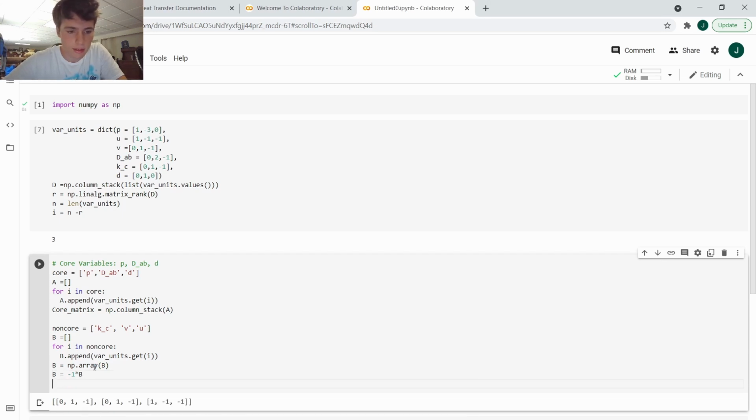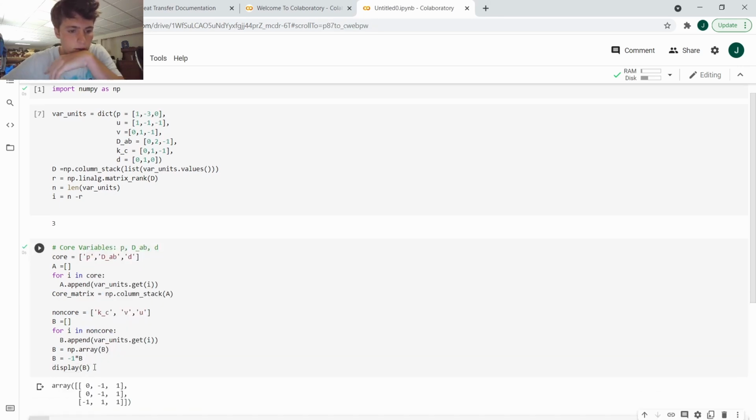Let's make sure that worked out correctly. Yeah, 0, -1, 1, which is the opposite of what we had before for k sub c, which is 0, 1, -1. Same thing for velocity, and same thing we got here for viscosity. So this is our right-hand side of the equation.